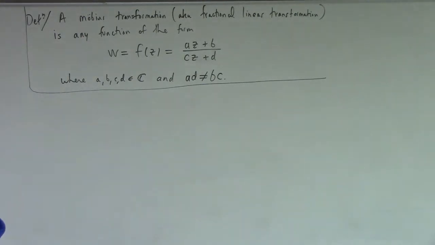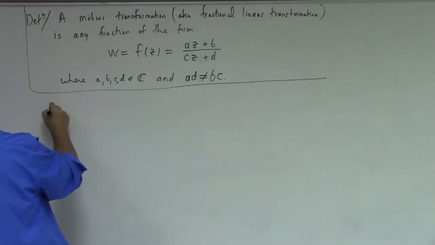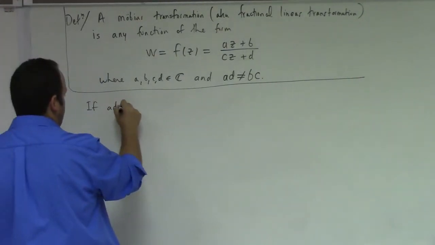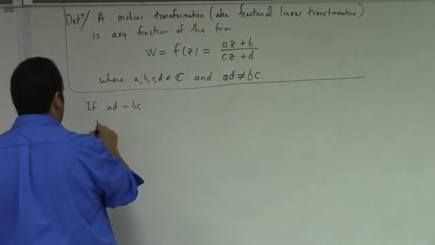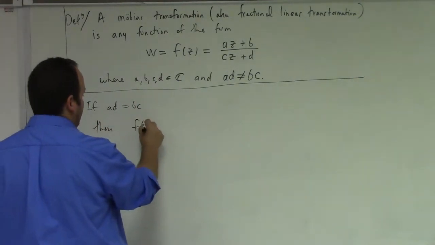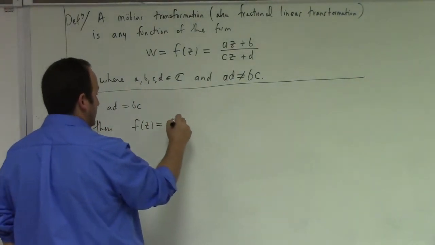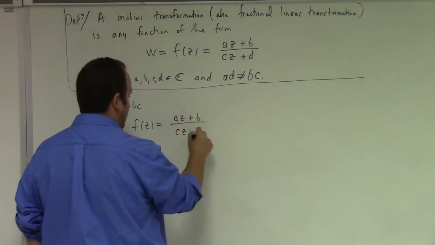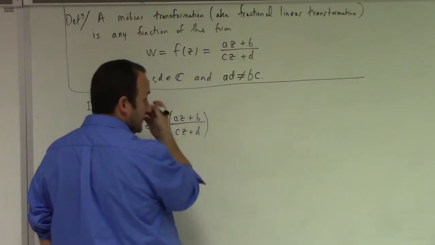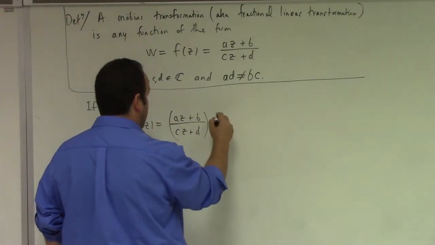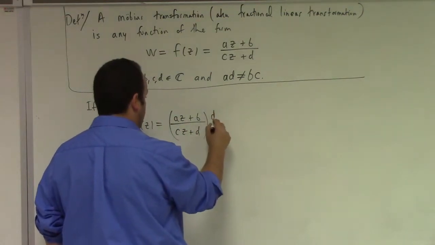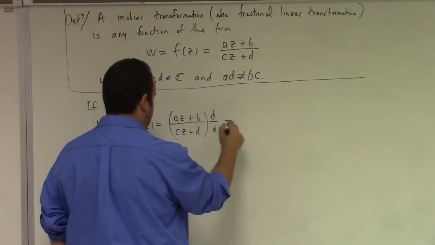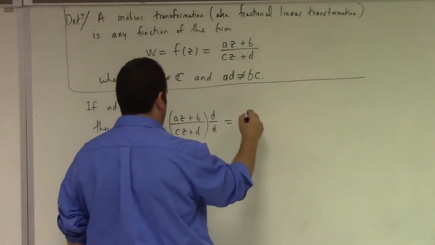If AD equals BC, then we'd have f of z is equal to az plus b over cz plus d. And I suppose if we multiply by d over d, something should happen, yeah?